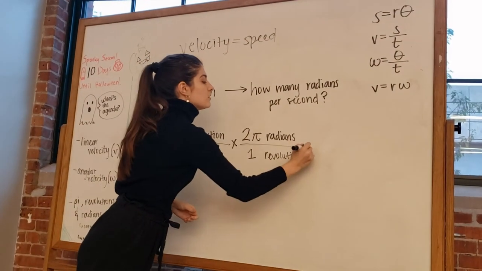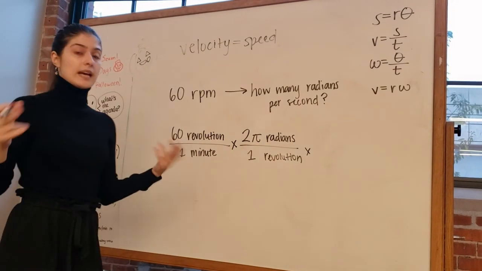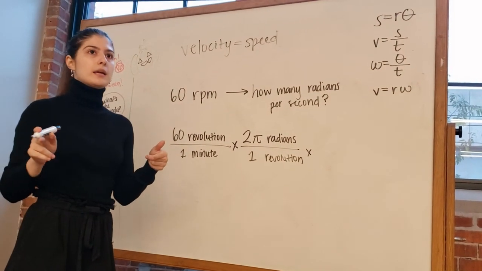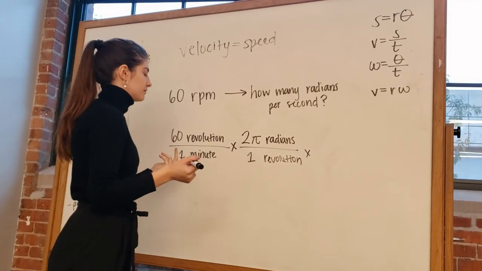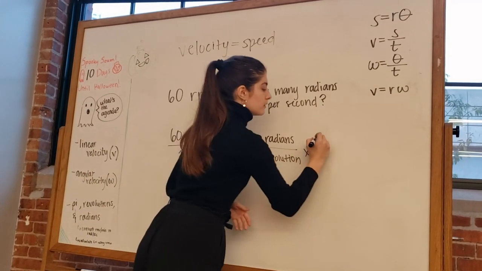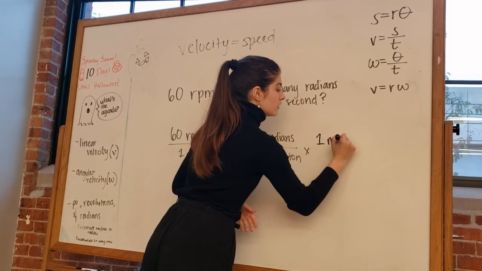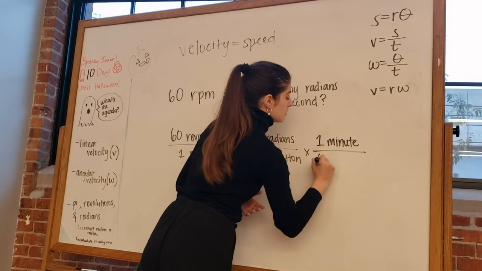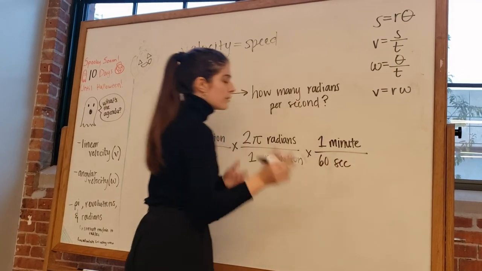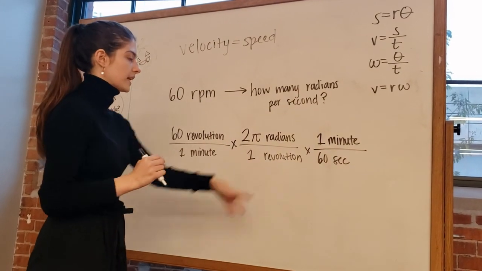So then we ask ourselves, how many seconds are there in a minute? For every 1 minute, how many seconds are there? 60. You might be asking why 60 seconds is at the bottom.